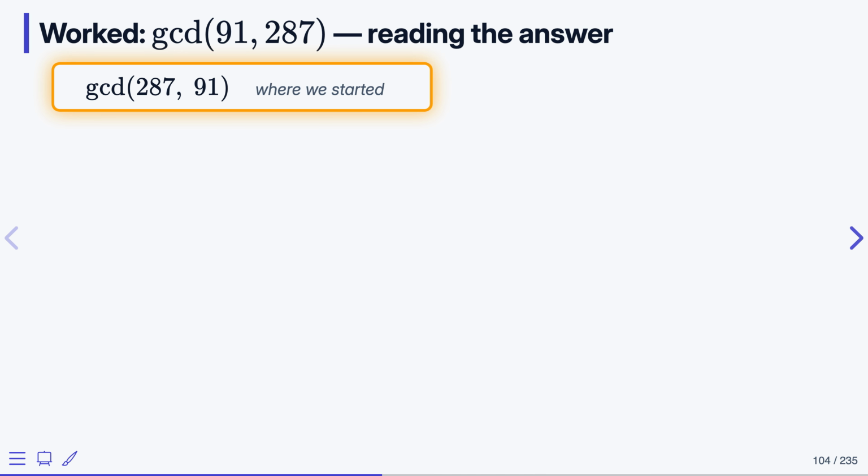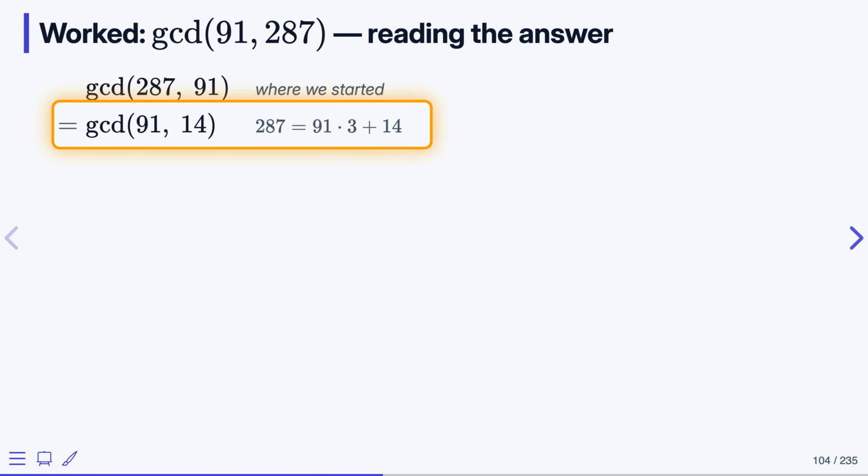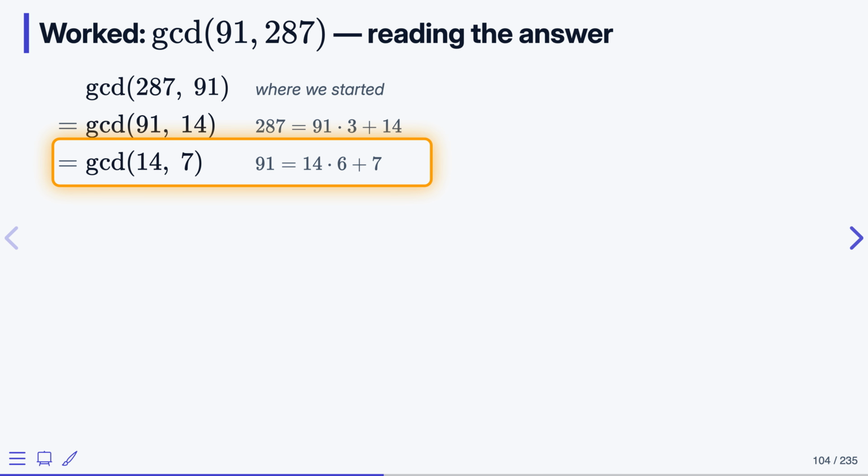Now watch the same run written as a chain of greatest common divisors. Line 0. We start at the greatest common divisor of 287 and 91. Step 1. The first division gave remainder 14, so the pair becomes 91 and 14, and the answer is unchanged. Step 2.